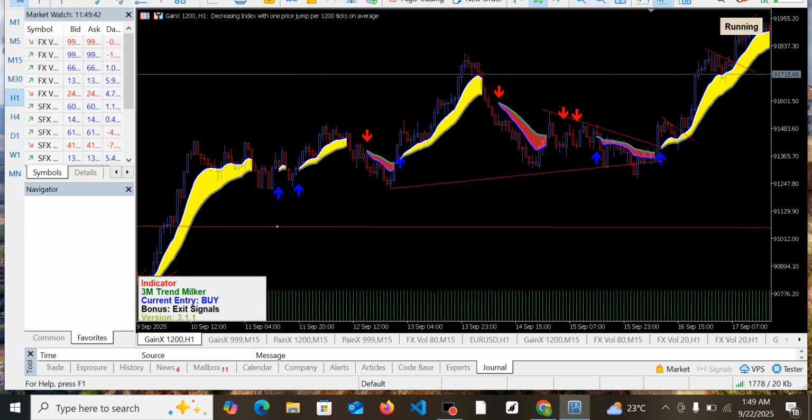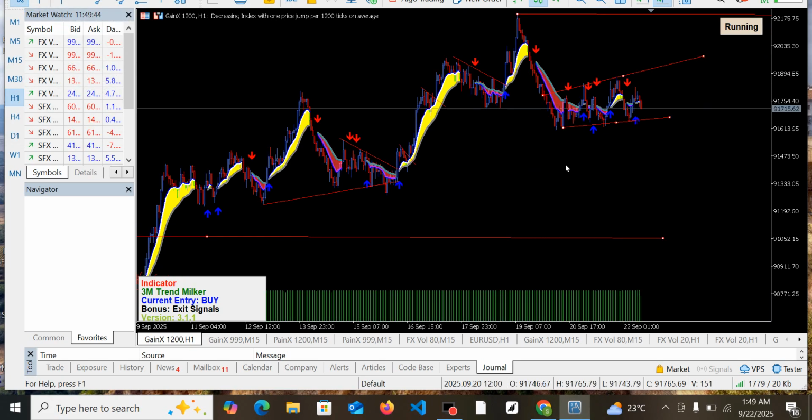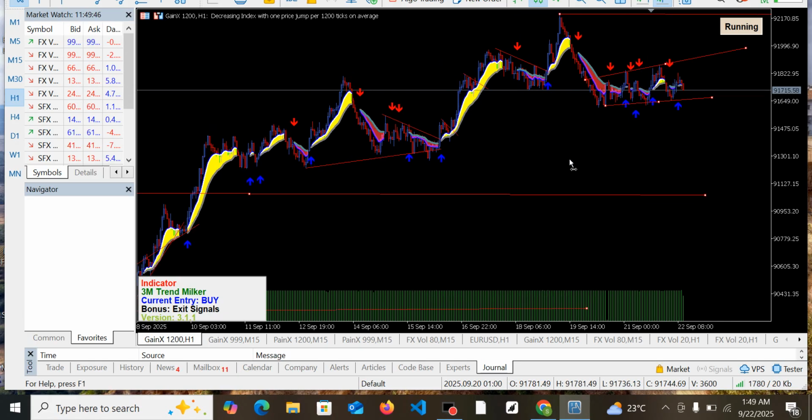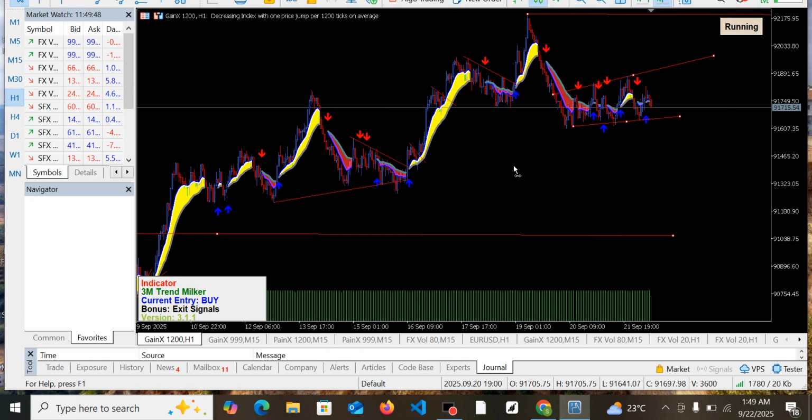Okay, so this is H1 right from here. So you can see what I have been explaining earlier. At this point this is where we are at the moment, and of course this is where we are expecting it to break, that is break of structure.